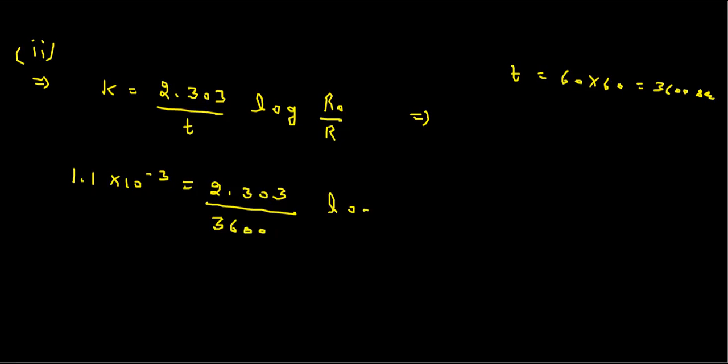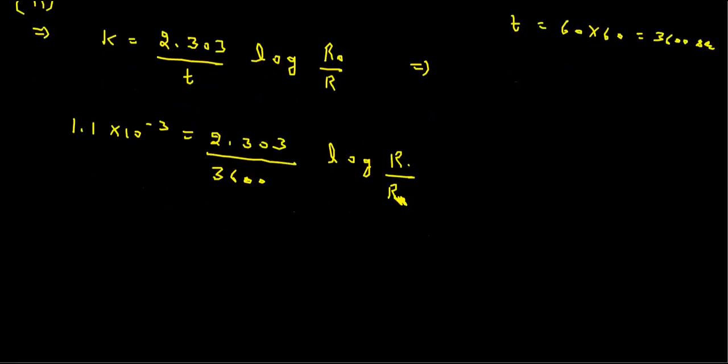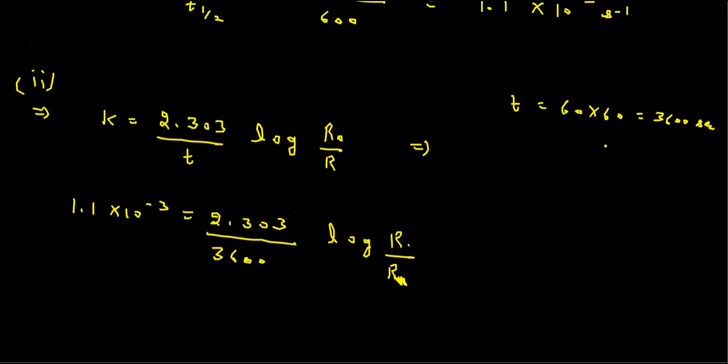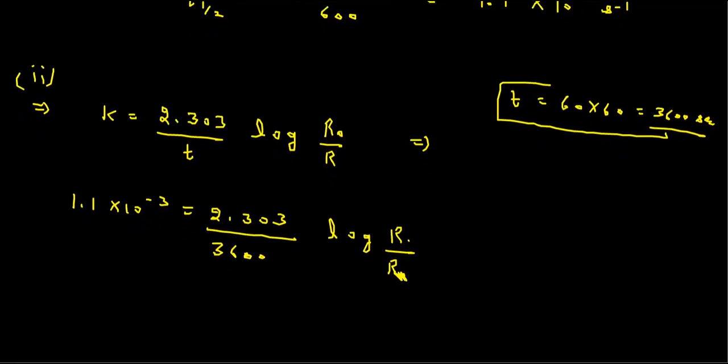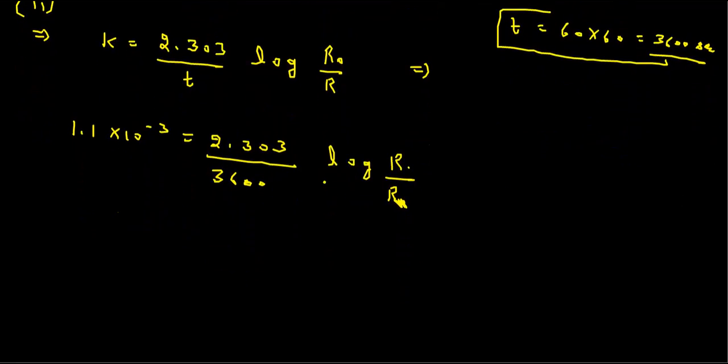And the log R naught by R: we don't know the initial concentration, and we don't know the final concentration either. So we have to write it directly as R naught by R only. Everything goes to the left-hand side. The time is given as 1 hour in the question, and 1 hour means 60 into 60, that's why I wrote 3600.